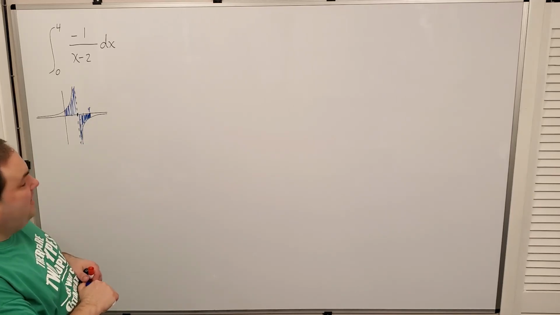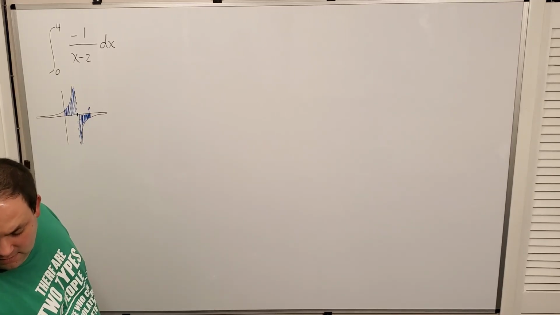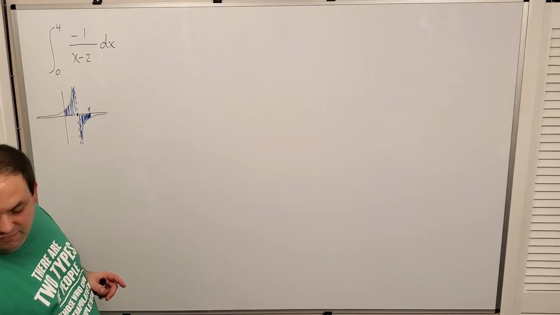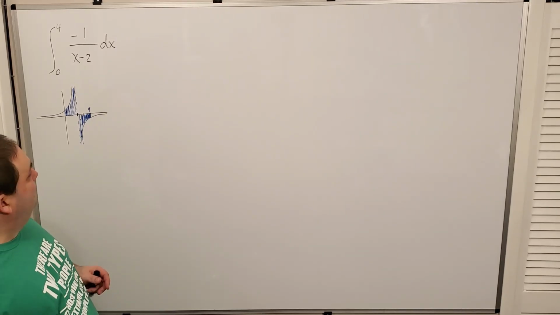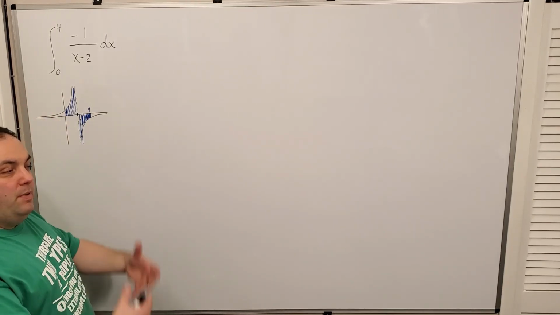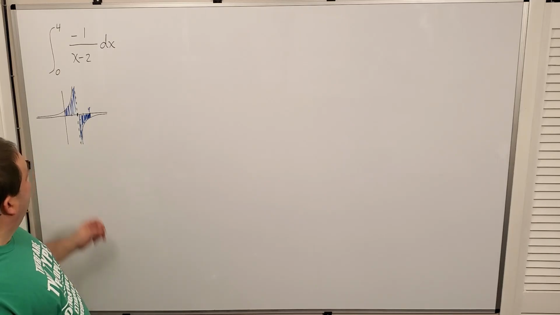So that should be a dead giveaway for you that this particular integral is most likely not going to be defined properly. It's definitely improper, but it's also not going to be defined as far as an answer.